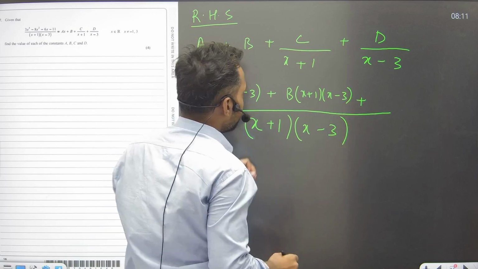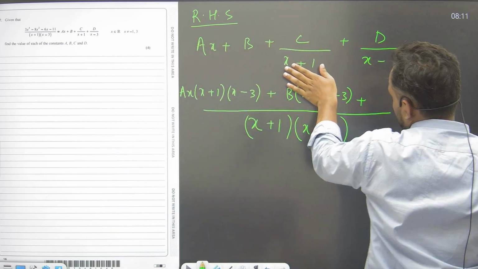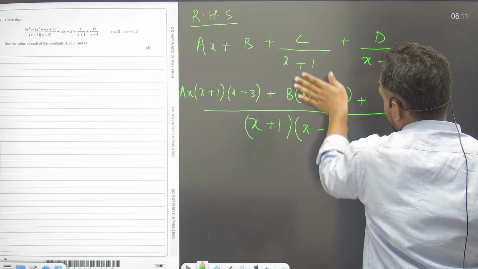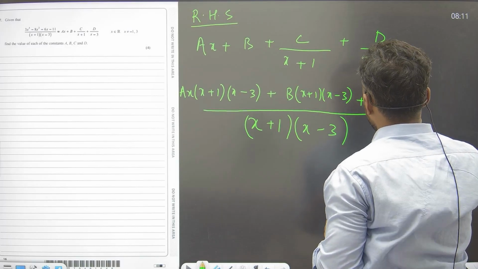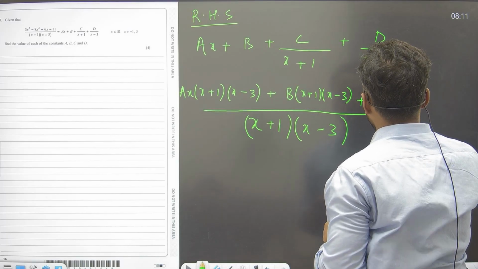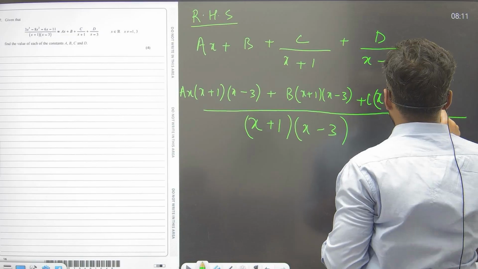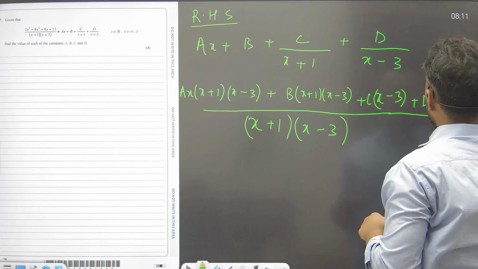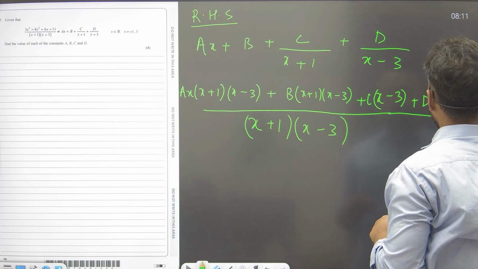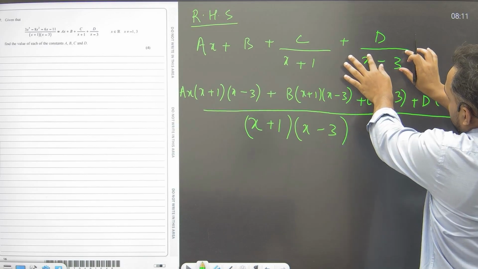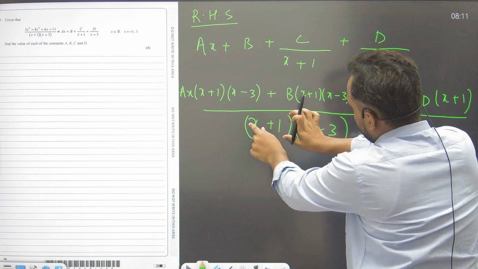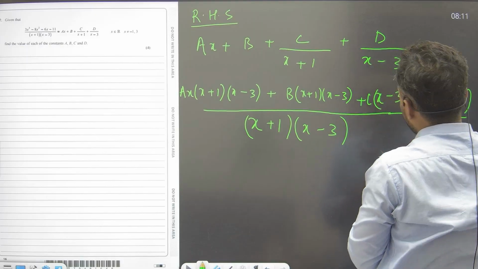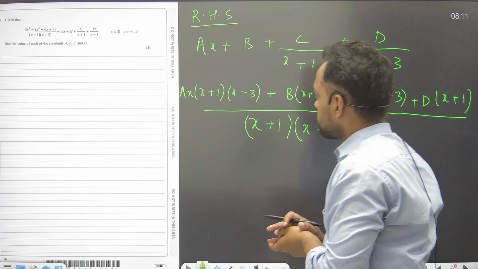Similarly plus c, the denominator of c is x plus 1, so we multiply only with x minus 3. Plus d, the denominator is x minus 3, so x plus 1 was missing, and we multiply it by x plus 1.